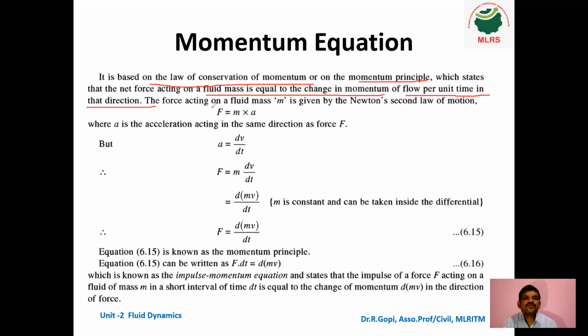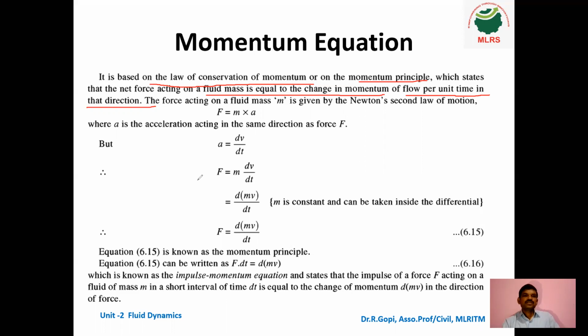Okay, so the force acting on your fluid mass m is given by Newton's second law of motion. As I already told, this momentum equation is based on Newton's second law of motion, that is force equal to mass into acceleration. Every fluid particle has some initial force and its movement is towards some direction in a particular unit time.